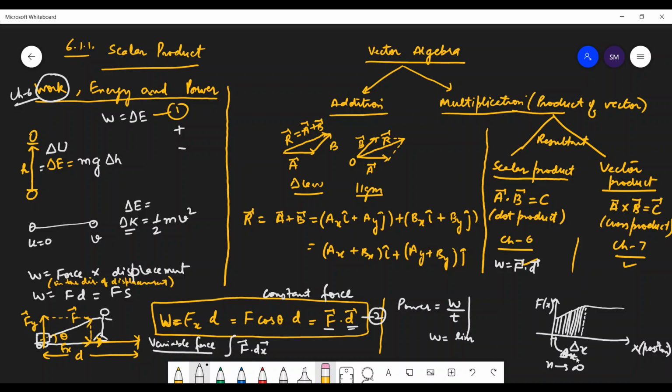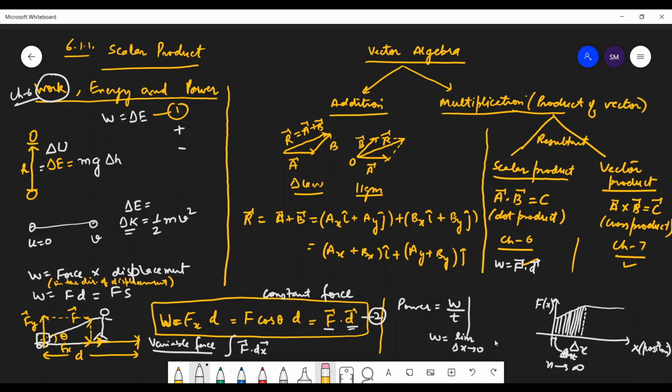When delta x tends to 0, I will be adding all these strips, f of x, this much force for this much displacement, from xi, the initial position, to xf, the final position. So I will be adding them from xi to xf.